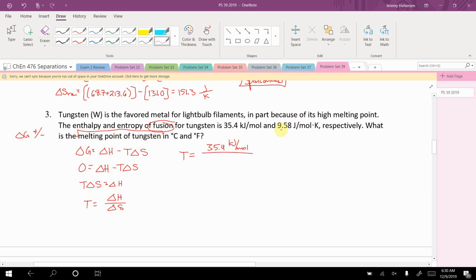I've got to make sure my units are right, so I'm going to change this into kilojoules. When I divide these, I've got Kelvin on the bottom of the bottom, it's going to flip to the top, and everything else is going to cancel. So I get 35.4 divided by 0.0095.